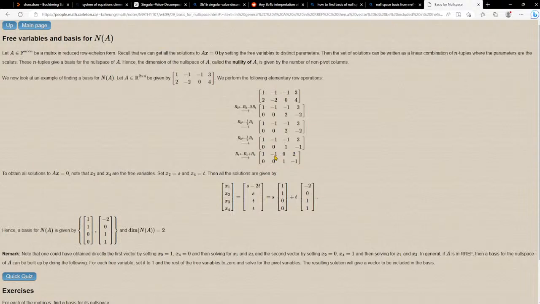And this is given as t. And then for the pivot columns, or sorry, for the free columns. So this s and this t, that's because we chose these as our free variables.